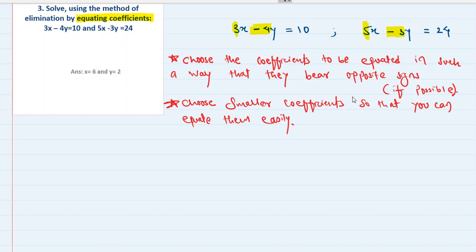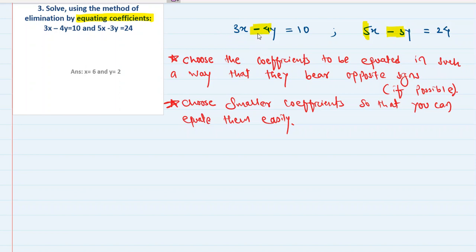Whenever you choose coefficients of either x or y, choose smaller coefficients. So here 3 and 5 are fairly small. 4 and 3 are also small. So in this question, it does not matter whether you choose the coefficient of x or y.